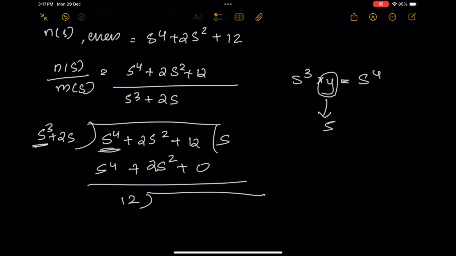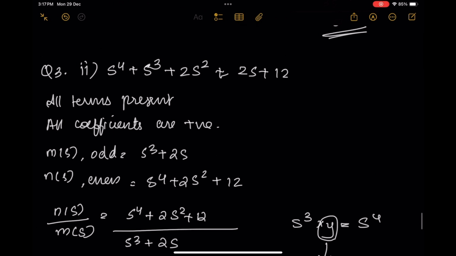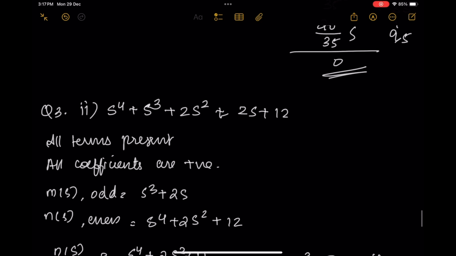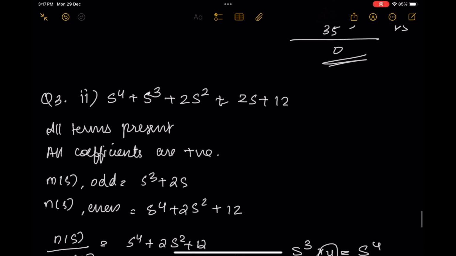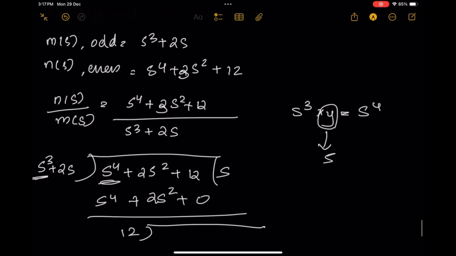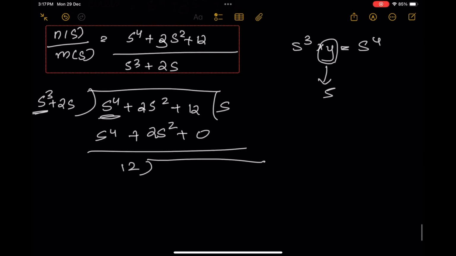Actually, there is some mistake that I have written in the question. Let me check that, okay. Yeah, this is 3s square, and hence this is also 3s square. Here it is also 3s square, and hence the value here will be s square plus 12.